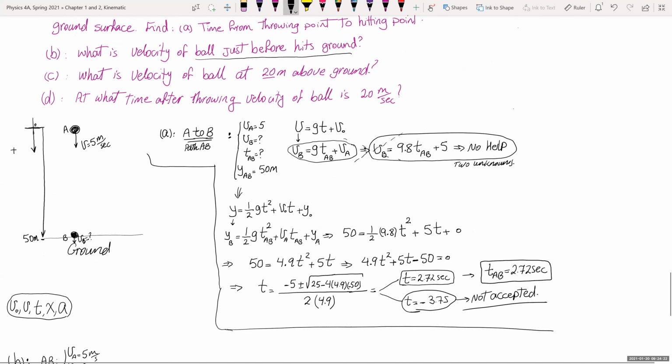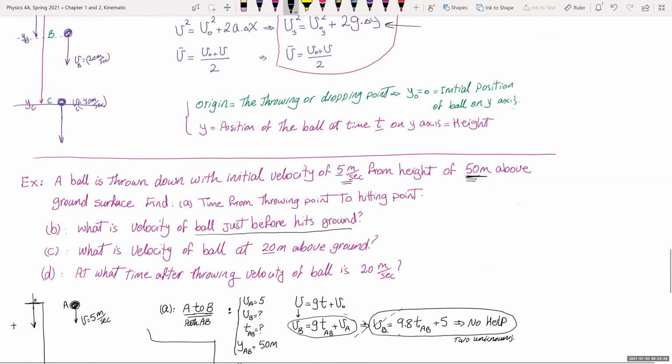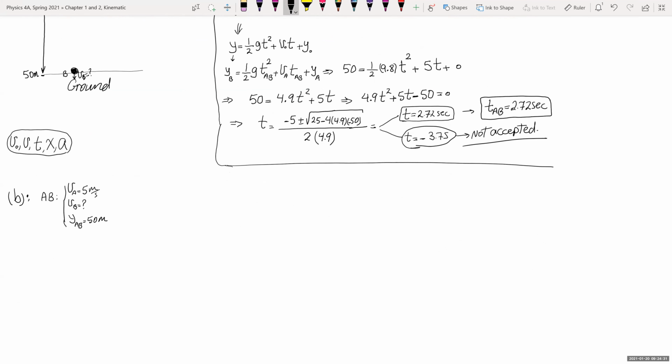I believe the third equation is wonderful. The third equation says v squared is v naught squared plus 2g delta y, correct? So this v squared is vB, final.